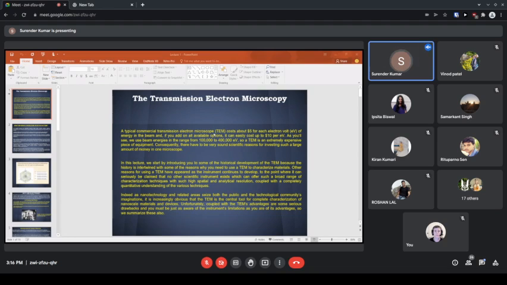And in any commercial microscope, the energy is from 100 kilo electron volts to 400 kilo electron volts. So you can estimate this by just multiplying it. It is one of the expensive instruments, and mostly you need a very solid reason to have an electron microscope in your place.